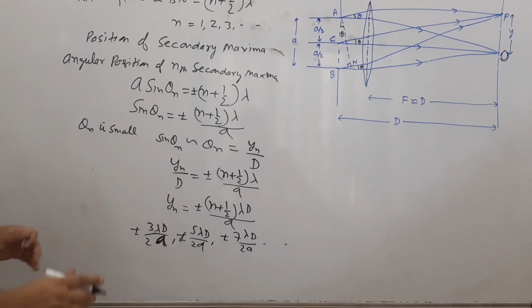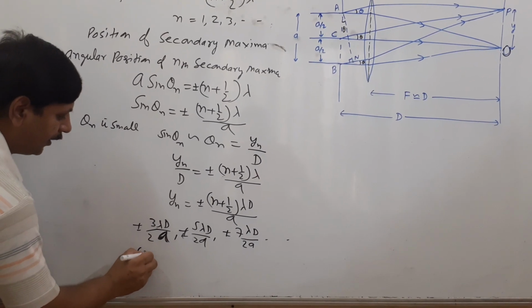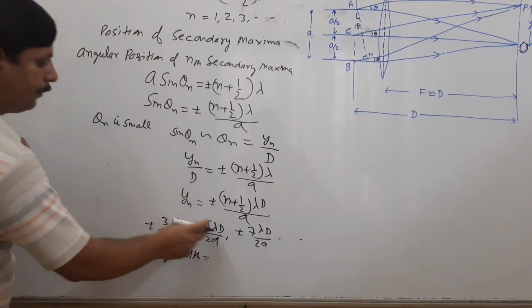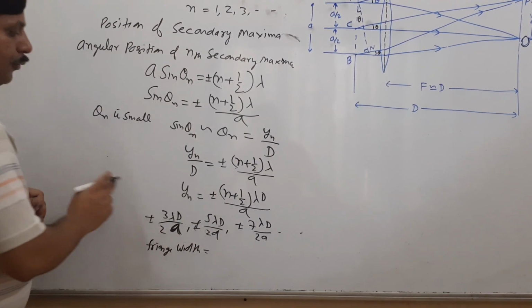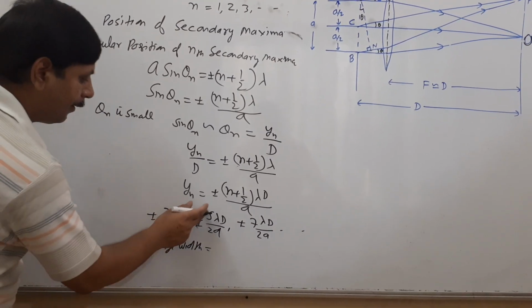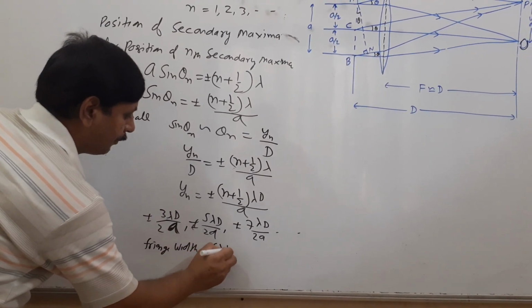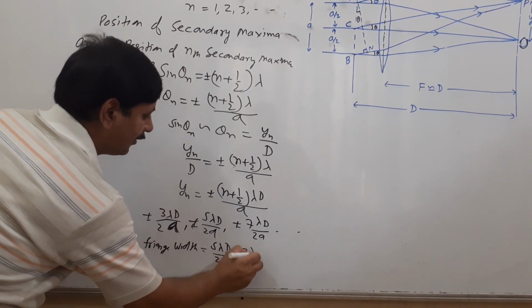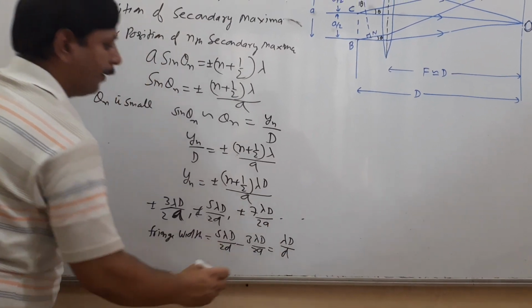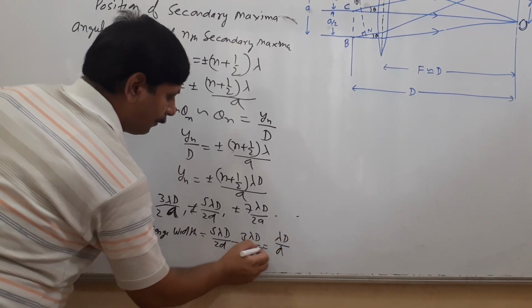What will be the fringe width? If we take the distance between two consecutive positions of secondary maxima, suppose 5 lambda d upon 2a minus 3 lambda d upon 2a, that will be lambda d upon a.